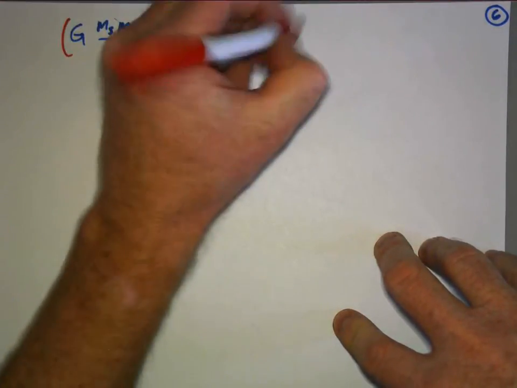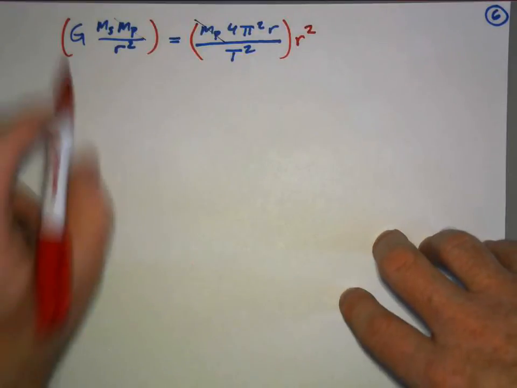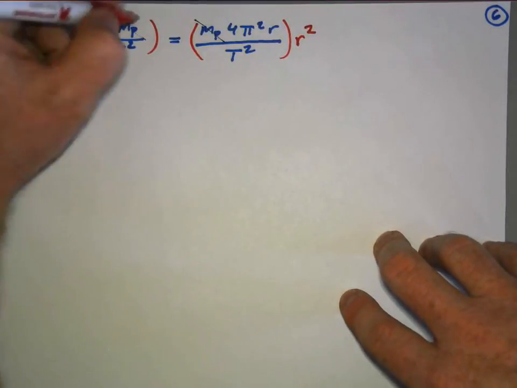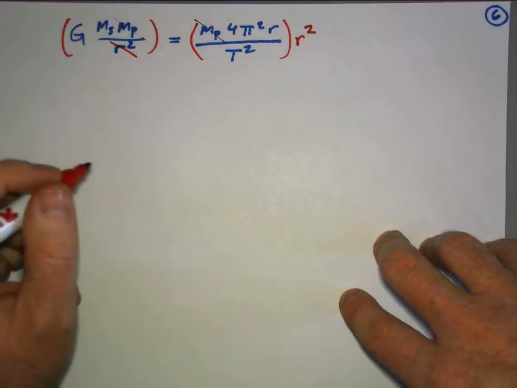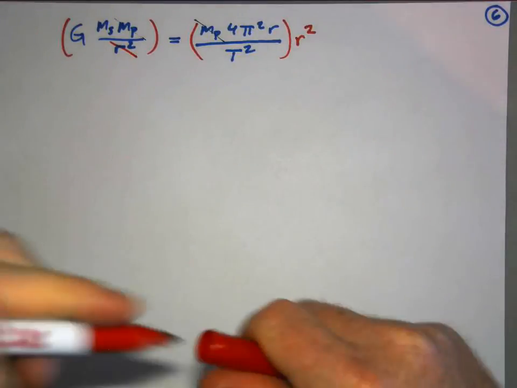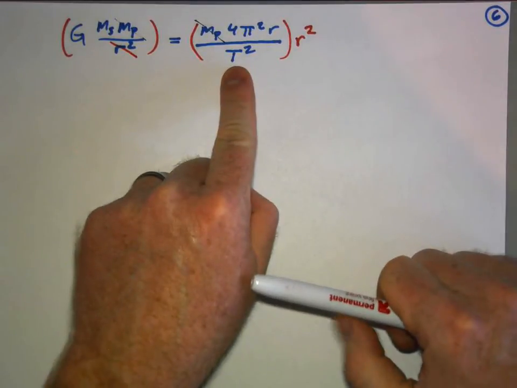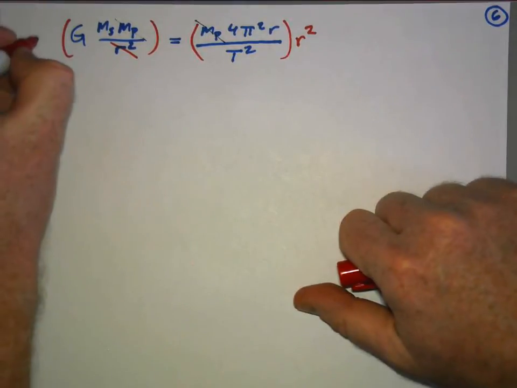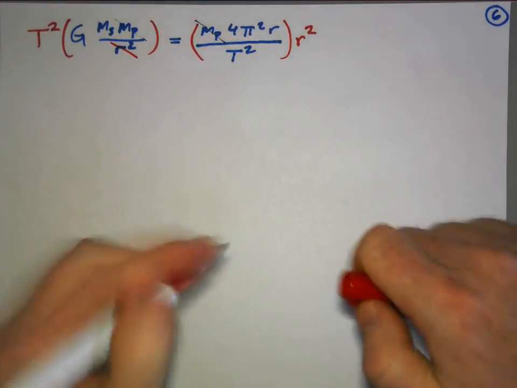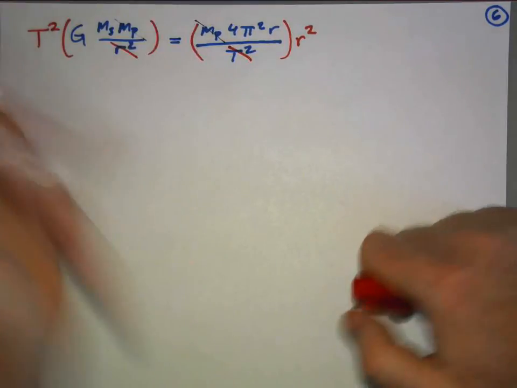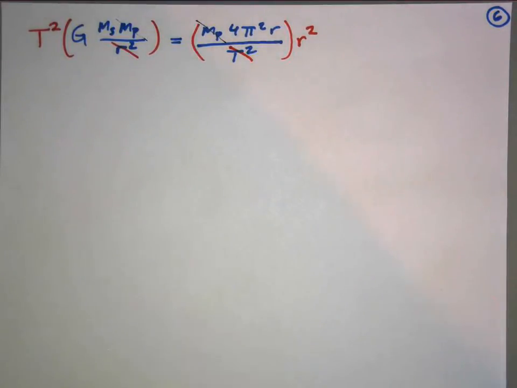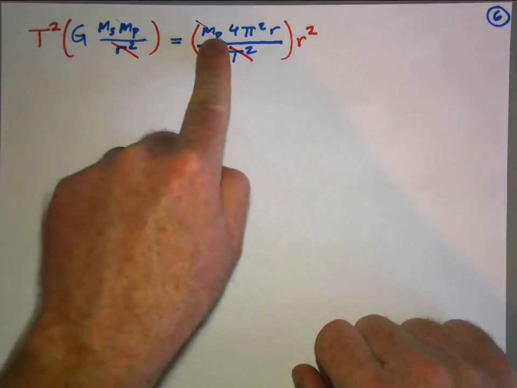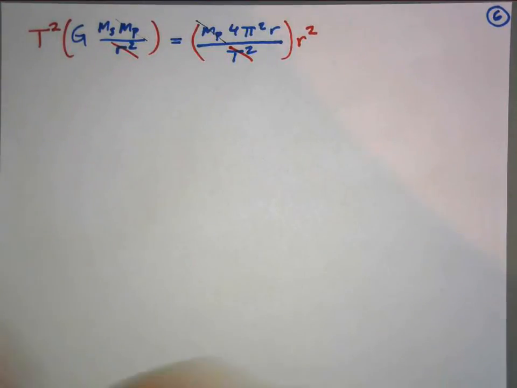So multiply this by r squared. And I do the same over here, and that gets rid of r squared here. Well, I'm dividing by period squared on this side, so I'm going to multiply both sides by period squared, and that gets rid of period squared here. And I no longer have fractions, which is kind of cool. And I've also already canceled out the mass of the planet. Turns out that that is not a part of this.